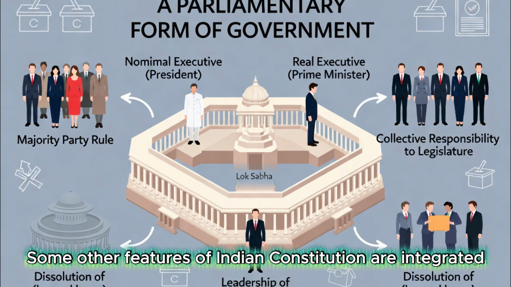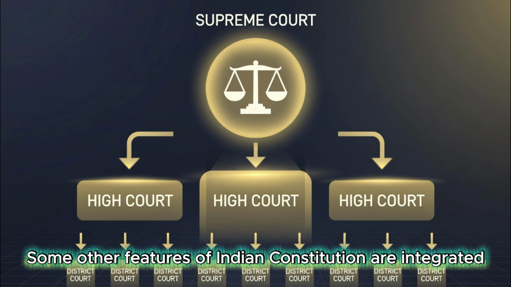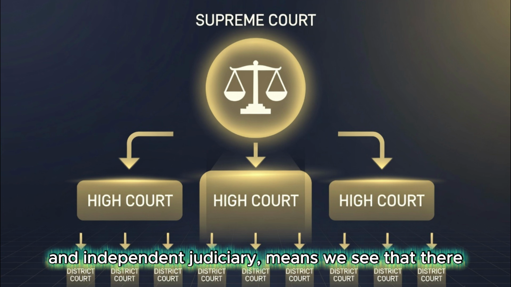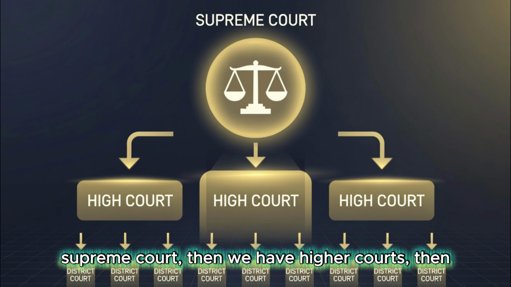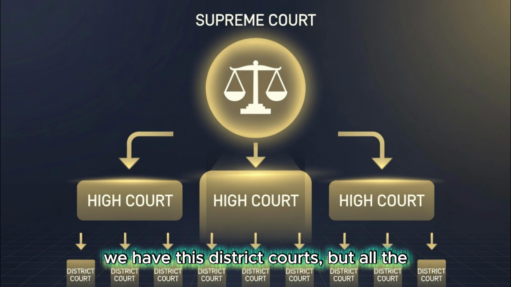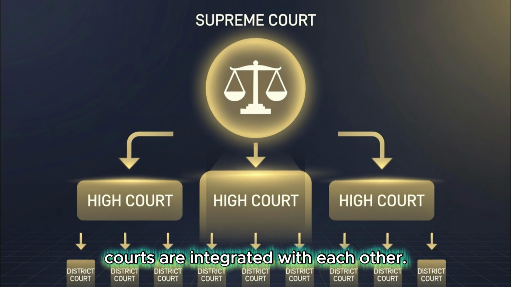Some other features of the Indian Constitution are an integrated and independent judiciary. We see that there is a hierarchy in judicial institutions. We have the Supreme Court, then the high courts, then the district courts. But all the courts are integrated with each other.